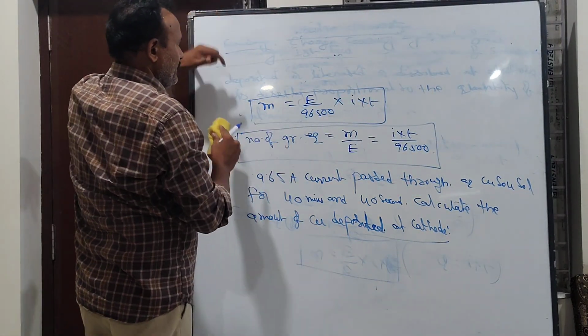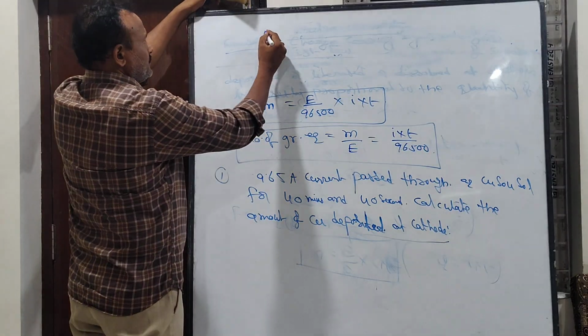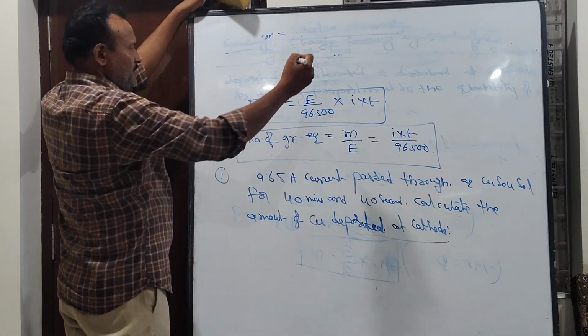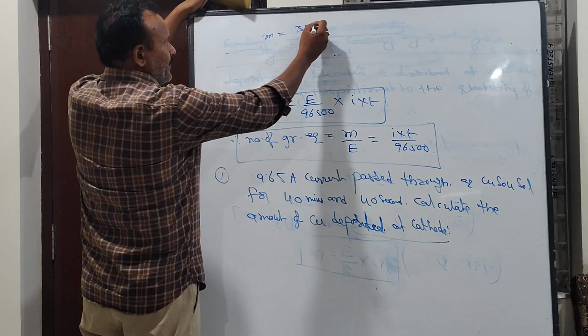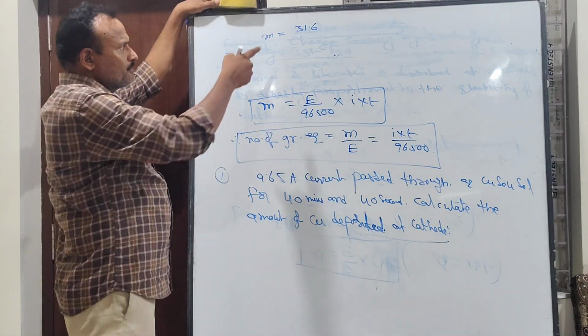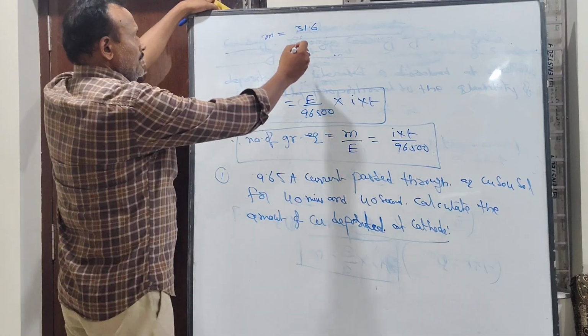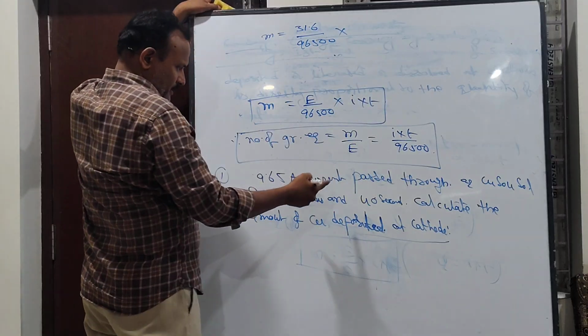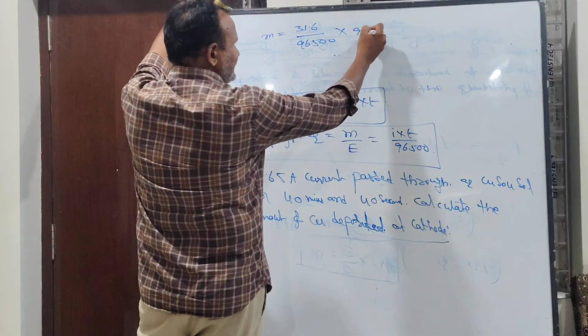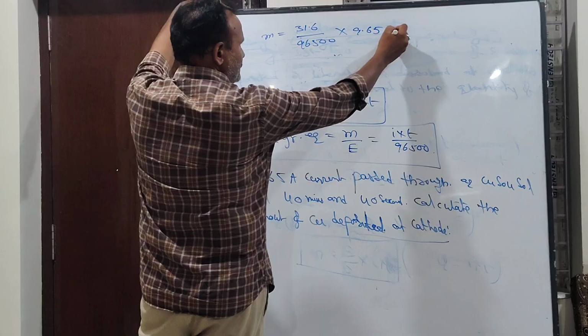Okay, this is the formula, right? So mass of substance, or copper deposited, is equal to equivalent weight, 31.6. Already you know, directly I am substituting the value. Next 96,500 coulombs into the current, 9.65 amperes is given.